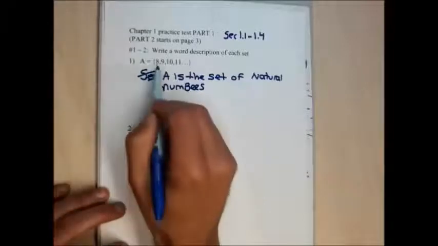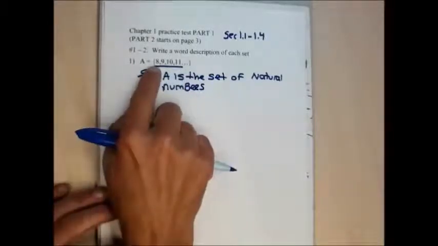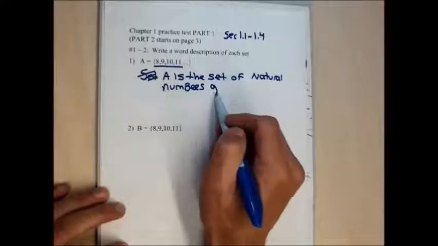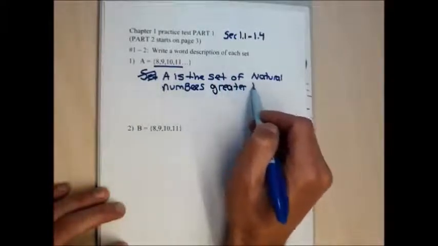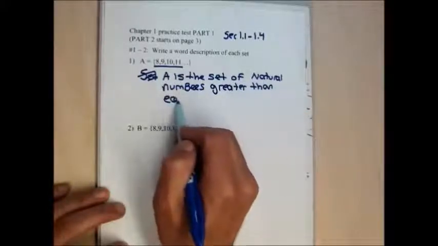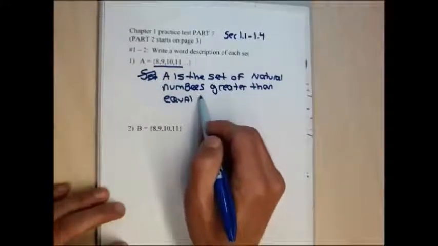It doesn't describe these numbers. And I would say the numbers start at 8 and get bigger. And probably the nicest way to say that in words might be using the words greater than or equal to 8, because I need the equal to include the 8. And then the greater than part gives me the 9, 10, 11, 12, and so forth.